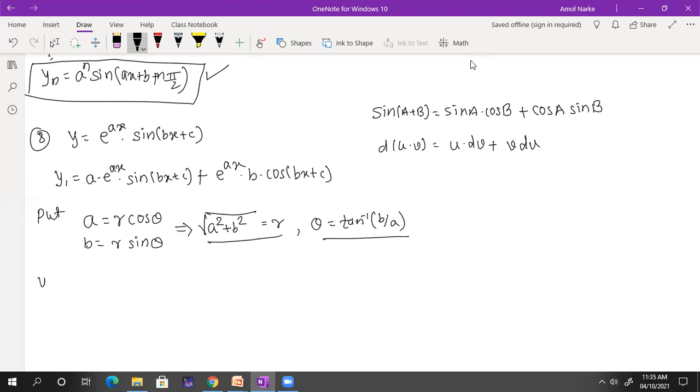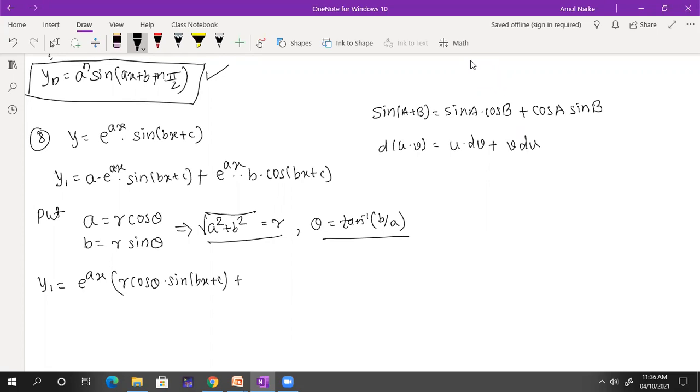So for y1, what am I getting? e raised to x, I can take it outside. The value of a is nothing but r cos theta. So r cos theta into sine bx plus c, plus what will come here? e raised to x is already taken outside. What is the value of b? r sin theta.